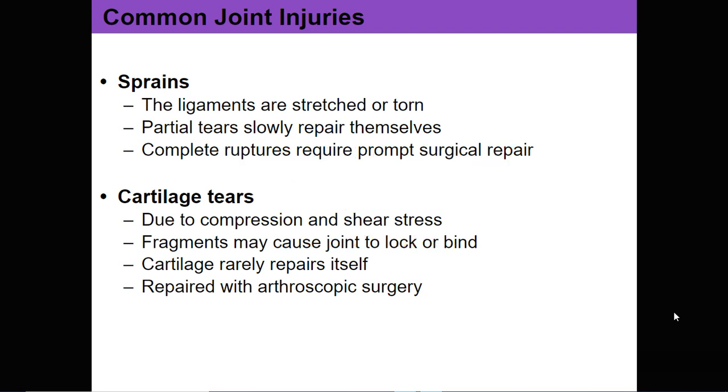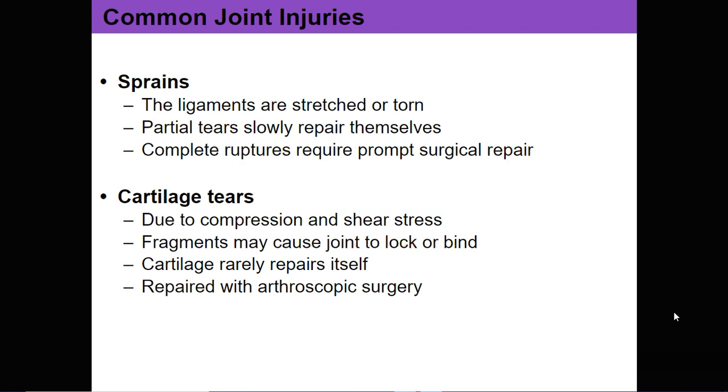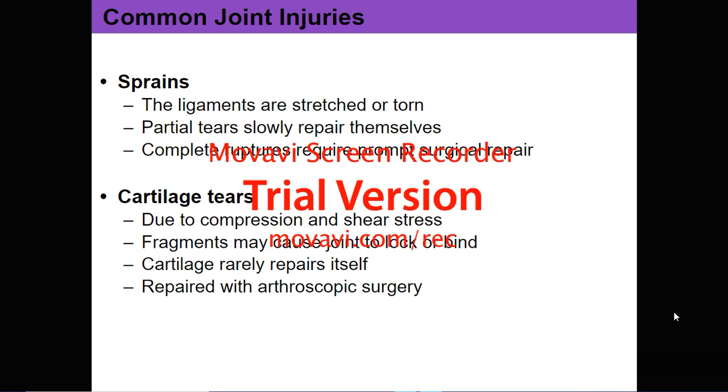Cartilage is avascular, meaning it doesn't have a blood supply. When you end up with a cartilage tear, it's not going to repair itself. It's going to stay torn because it doesn't have a blood supply. You need that blood supply to get the nutrients and the other cells needed for repair to occur. So usually when you have a cartilage tear, the physician recommends arthroscopic surgery to remove the damaged cartilage.